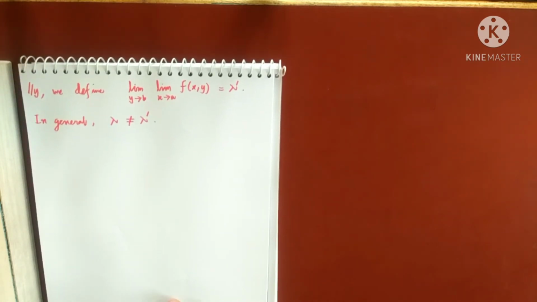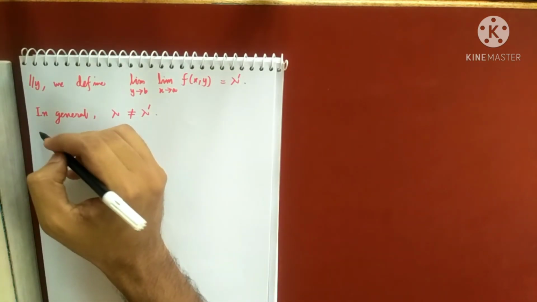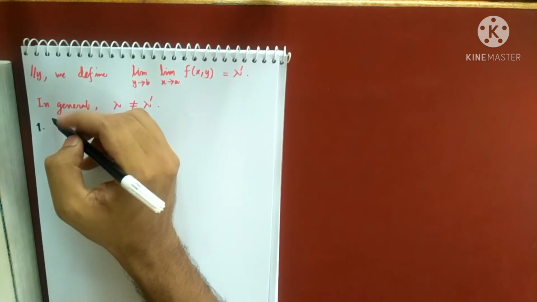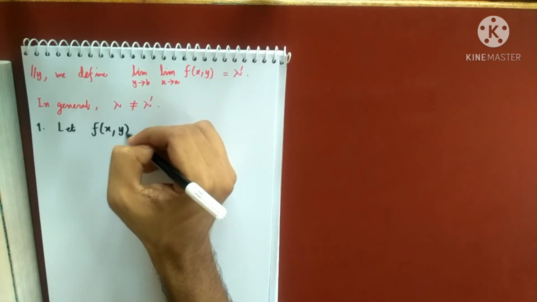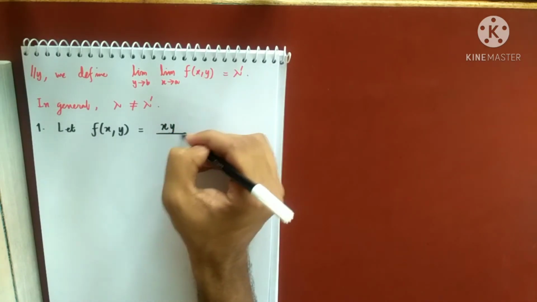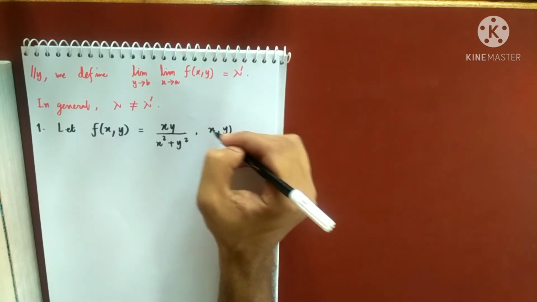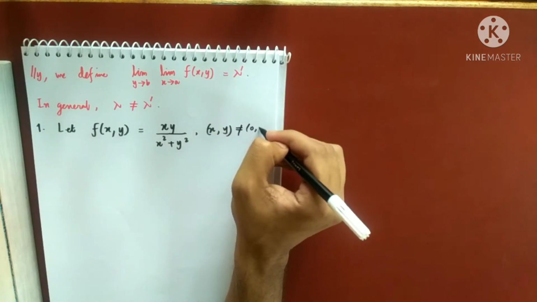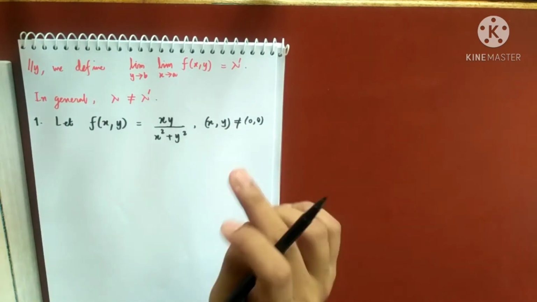Okay, so let me take an example. Example number 1. Let f of x comma y equal xy by x square plus y square, for x comma y not equal to 0 comma 0. This example I had taken a few minutes back, number 3.